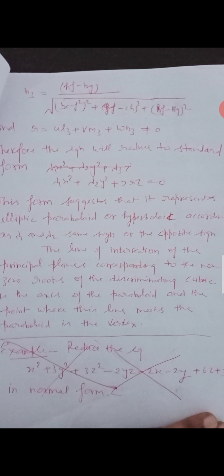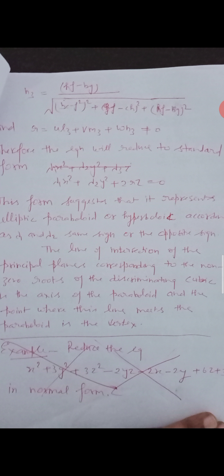For example, reduce the equation 3z square minus 6yz minus 6zx minus 7x minus 5y plus 6z plus 3 is equal to 0 to normal form. For the solution, it is given that f of xyz is equal to 3z square minus 6yz minus 6zx minus 7x minus 5y plus 6z plus 3 is equal to 0.